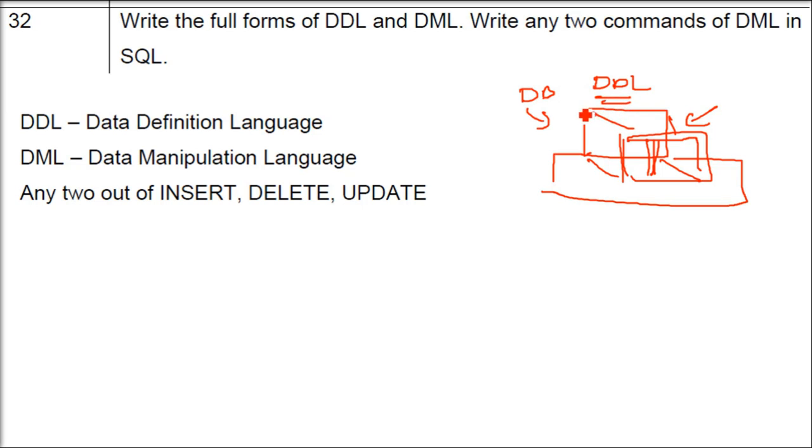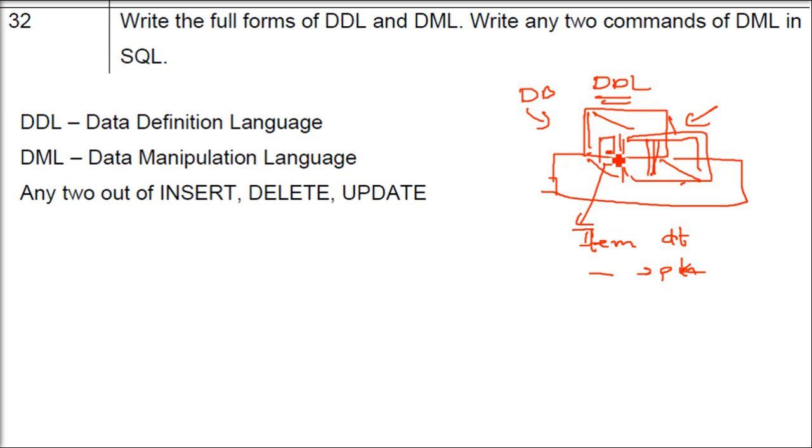Data definition language is for creating a database, for the architecture of the database. You will tell what the item is and what the data type is here, what the primary key is. This is how you make a database. You create a database. But DML comes in the later part.